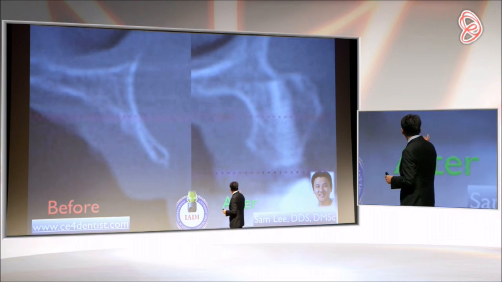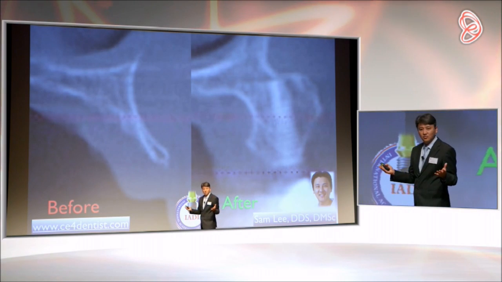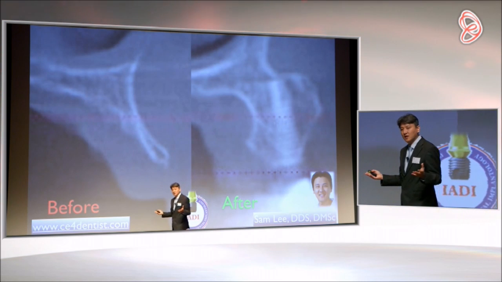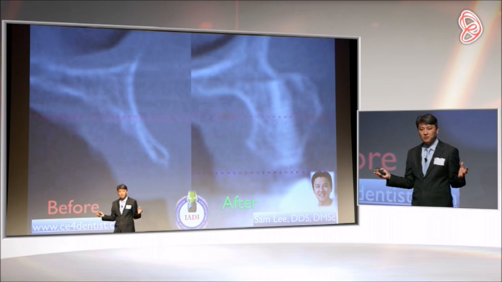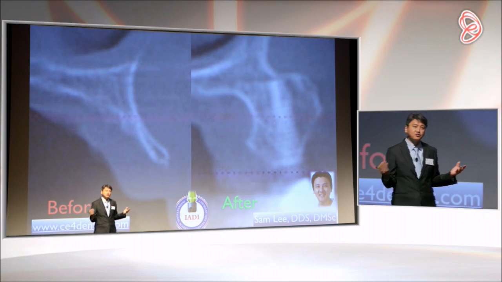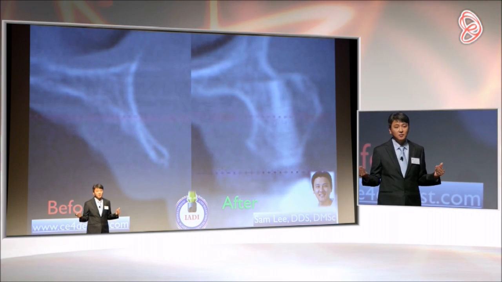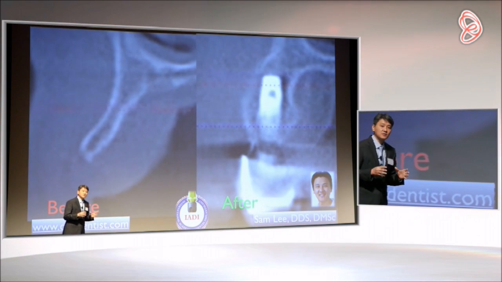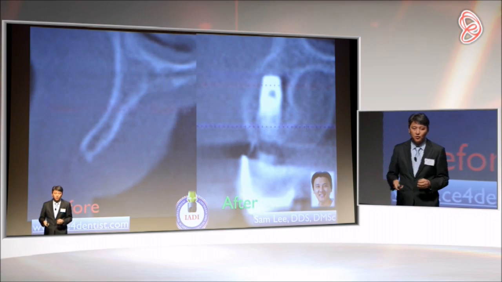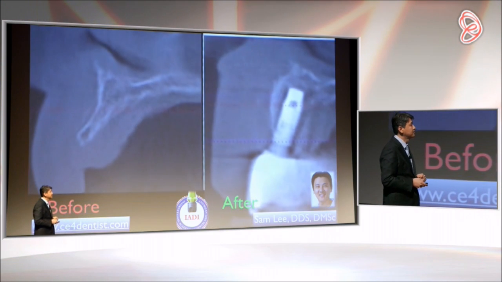On your right, I have more than enough bone for the fixture. Only downside is because it looks like a sponge bone, I had to go back and trim the excess bone. But it's a good problem to have, as you can see, when patients have deficient bone for our implant procedure.